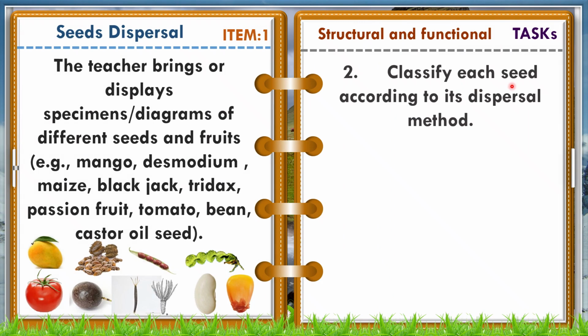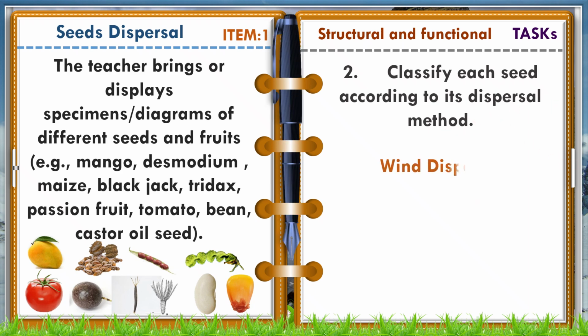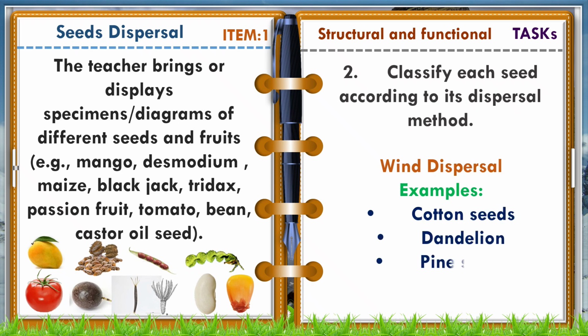Classify each seed according to its dispersal method. We are going to start with wind dispersal. We are looking at examples of seeds dispersed by wind.